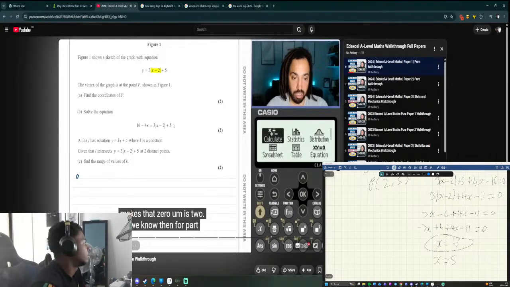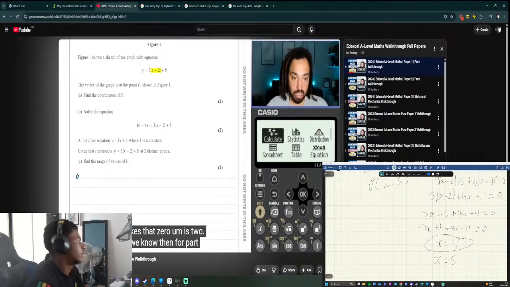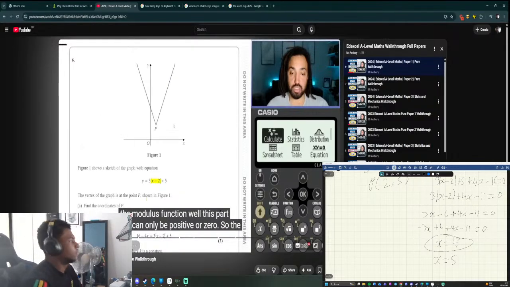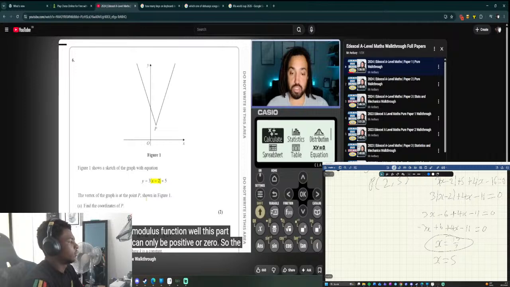Oh, and then part C, find the range of values of k. So you have to go from 4 to 5, which has to have a gradient of at least a half, right?